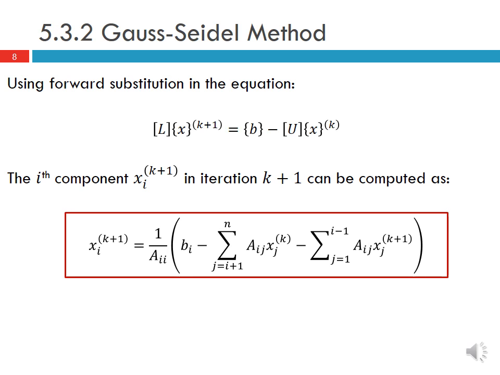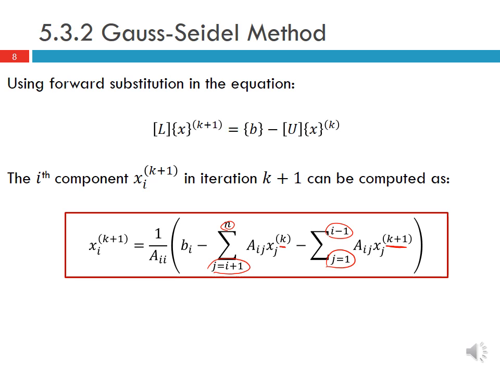The ith component of x, so xi at iteration k plus 1, can be computed as shown here. So 1 over aii times b minus this sum of aij xj at iteration k minus this sum of aij xj at iteration k plus 1. And you can see the difference in the limits of the sum between these two cases.